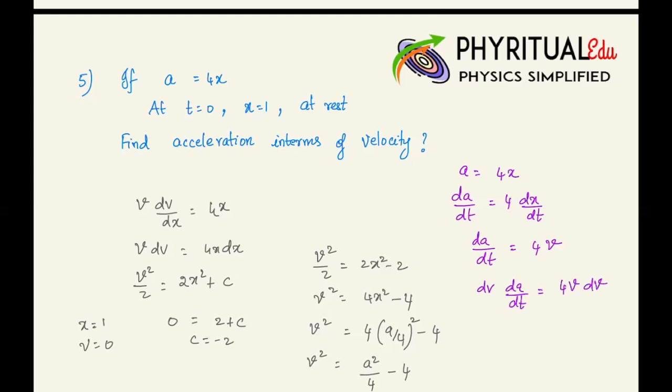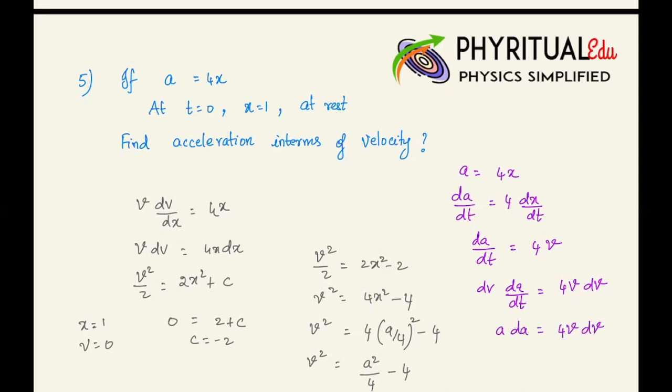The idea of multiplying with dv on both sides is the right side becomes 4v dv, an integrable form, and dv by dt becomes a. So left hand side becomes a da, integrable form, right hand side becomes 4v dv, integrable form. It's a beautiful manipulation. So you will have a da equal to 4v dv.